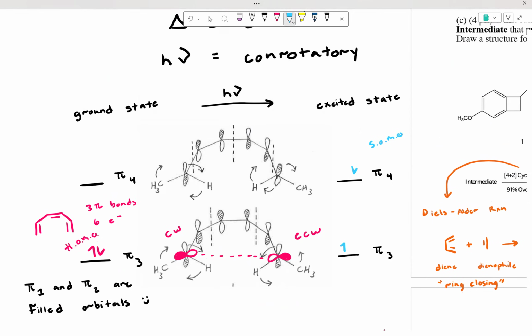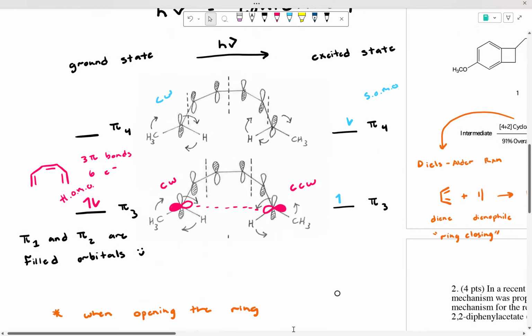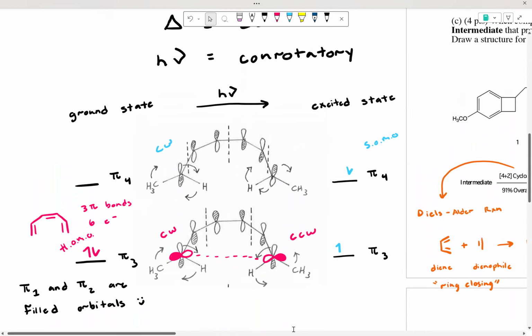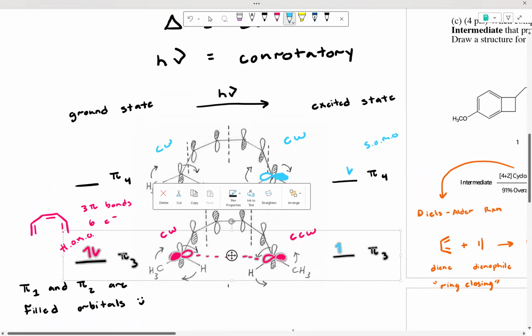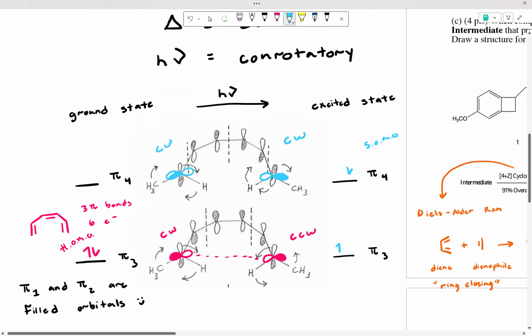And in the pi 4 configuration, the left side has to rotate clockwise, and the right side also rotates clockwise. So this is how it ends up after rotating, and now these can form a bond.